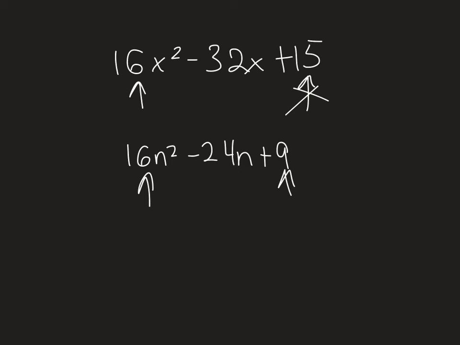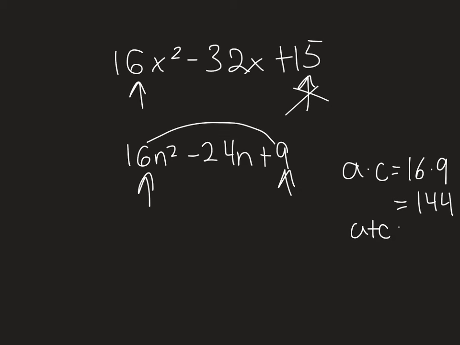And so what we could do is then say, all right, remember we need factors of a times c. So a times c, which is 16 times 9, which is 144. And they have to add up to negative 24.